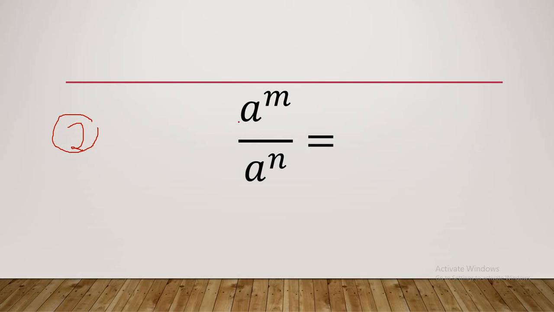In indices, when you are dividing and you have equal bases, you subtract the powers. So in this case, a^m over a^n is equal to a^(m-n).